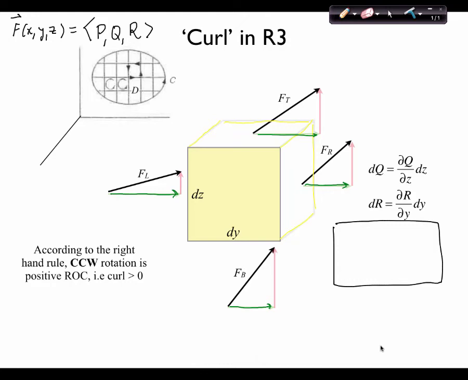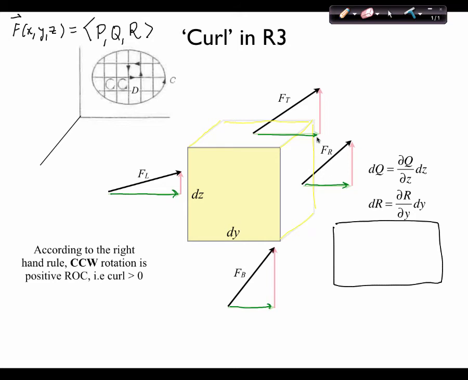Anyone know? Okay, so he wants RY. That will be positive because for a positive Y we get positive, and a positive R we get counterclockwise. Minus QZ, right? Because for a positive Z, a positive Q makes it turn the other way.